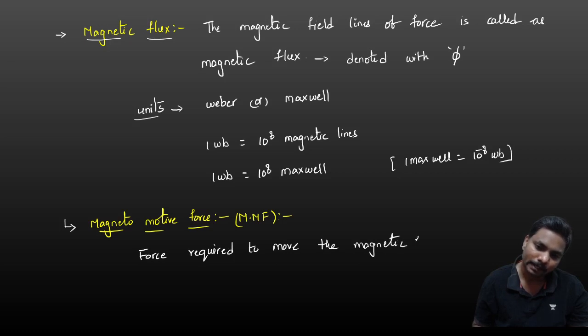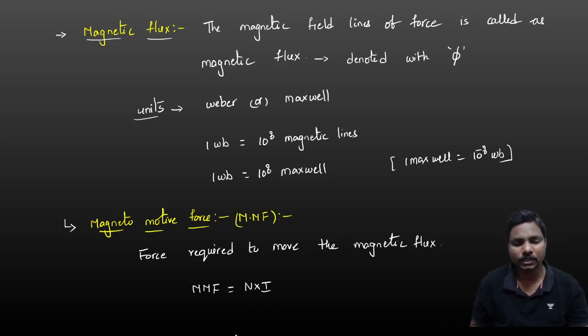MMF is generally defined as number of turns times current. So the units are current in ampere and turns in turn, so ampere turn, very important.